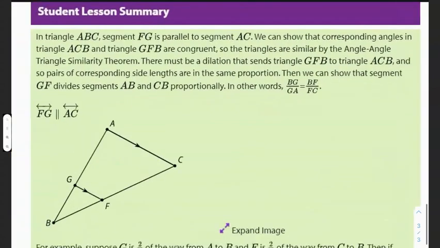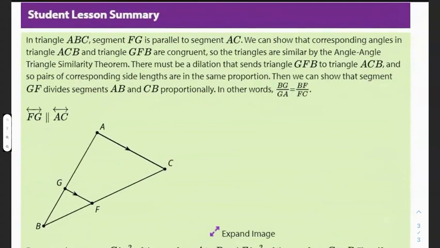So lesson summary. We have these two triangles, and there are proportionality statements that we can connect to these two similar triangles. So, for example, BG, right? And this is a proportionality statement here. Okay, so let me explain that proportionality statement.